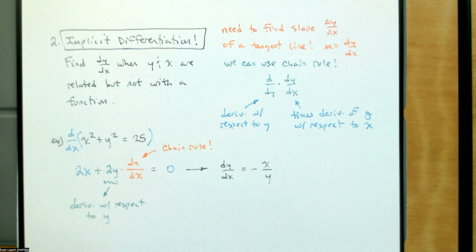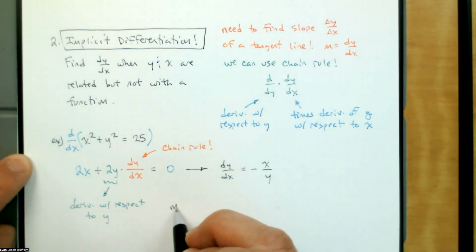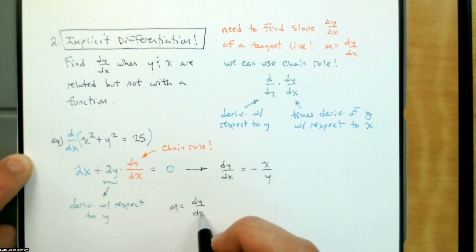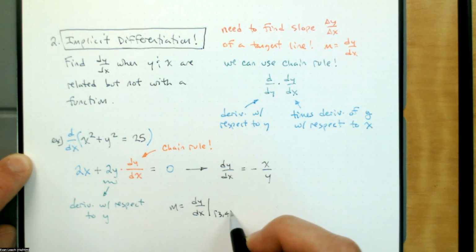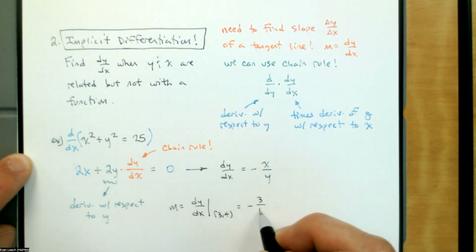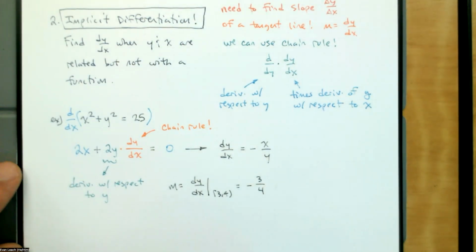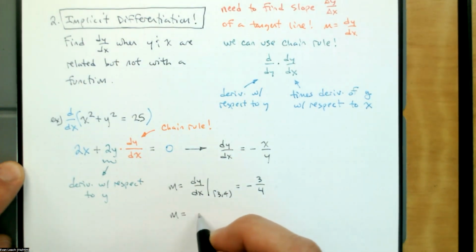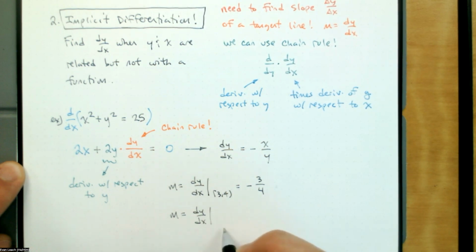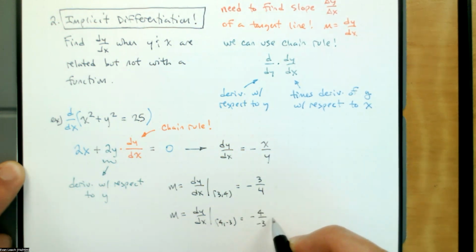So if I want the slope of the line at the point 3, 4, it'd be negative 3/4. That's the slope that we had on the previous page. If I want the slope at the point 4, negative 3, there's that positive 4/3 slope that we had on the previous page.